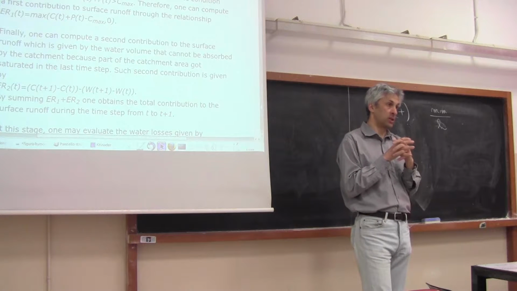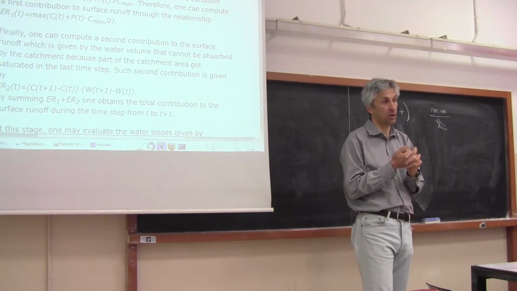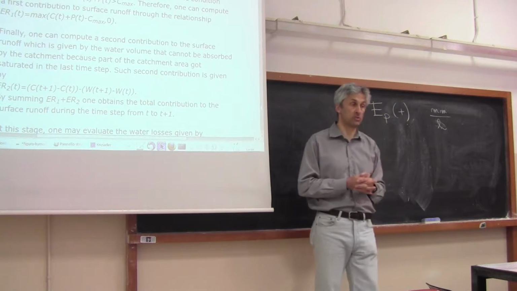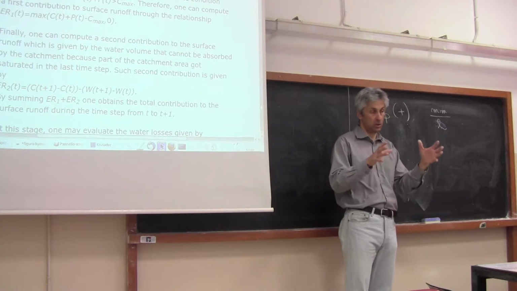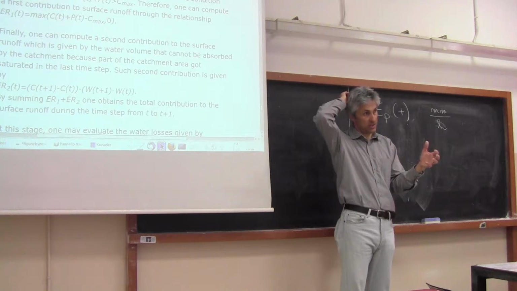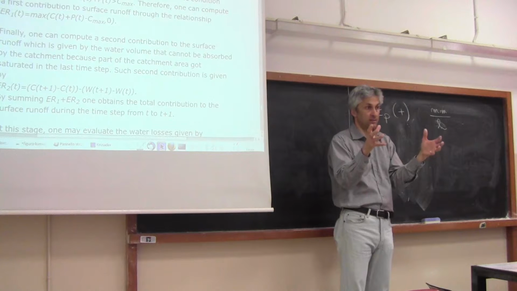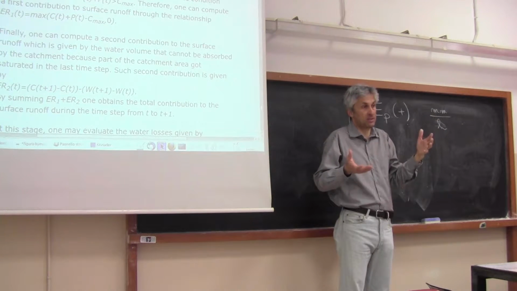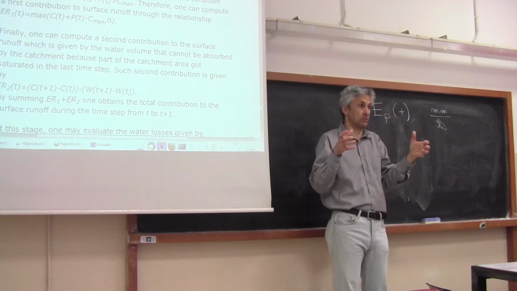And evaporation is instead very relevant when you compute the water balance for reservoirs like dams. This is very relevant, of course, because for a dam, your catchment of reference is just the lake. And then, of course, all the surface of the catchment is covered by a liquid surface.